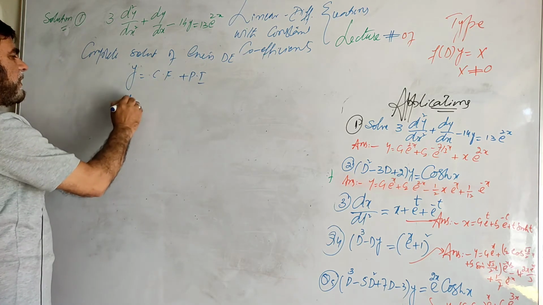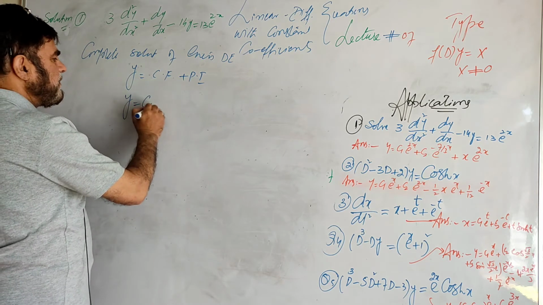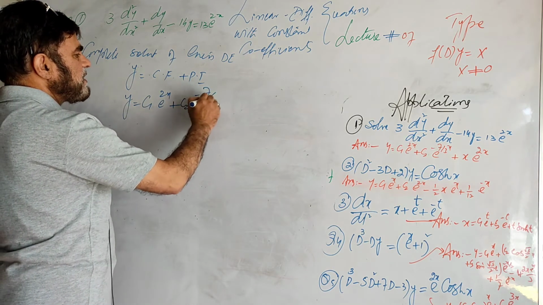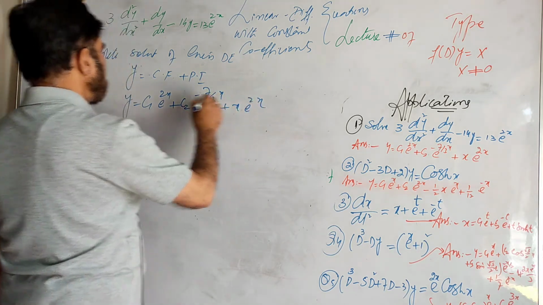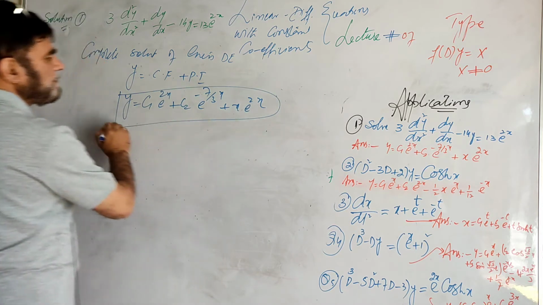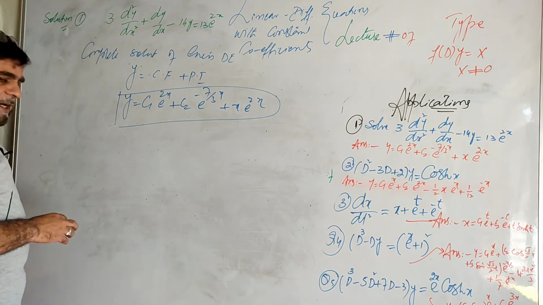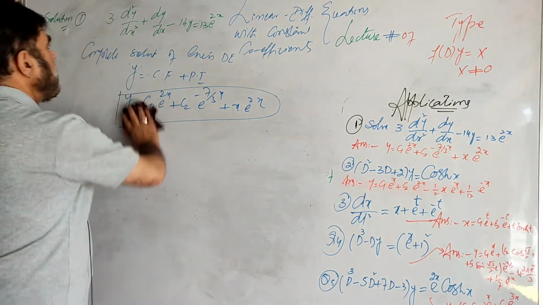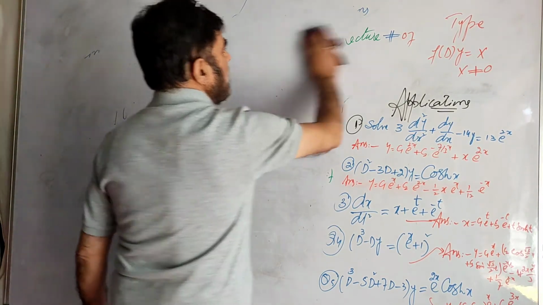You already found the complementary function. It is y is equal to c1 e raised to power 2x plus c2 e raised to power minus 7 by 3 x, then plus x e raised to power 2x. This is the solution. You have also seen here how to evaluate the case when the denominator becomes 0. Okay, let us take the solution of another problem.